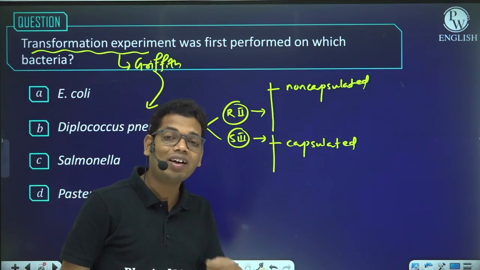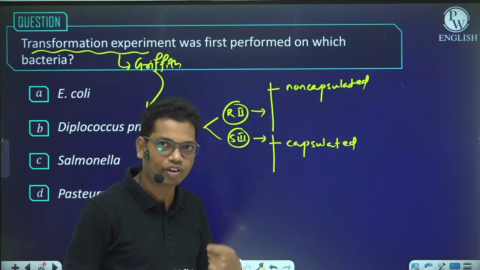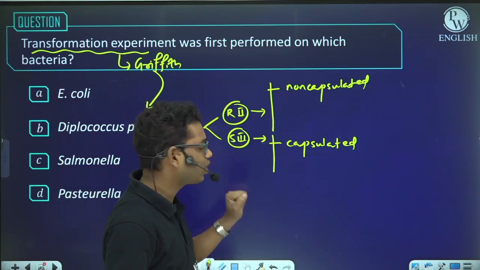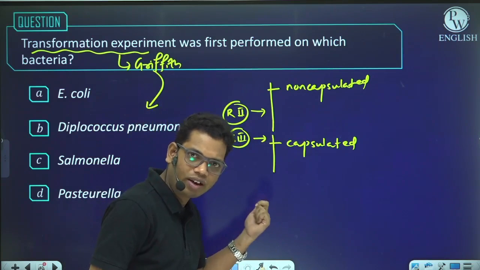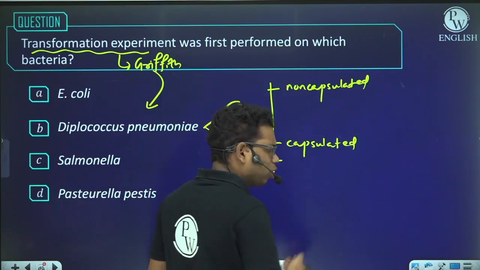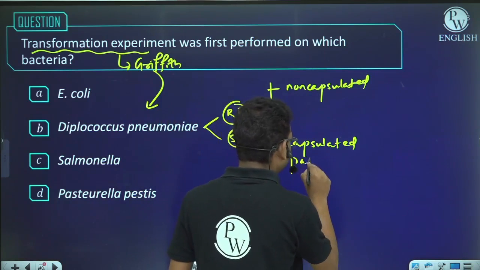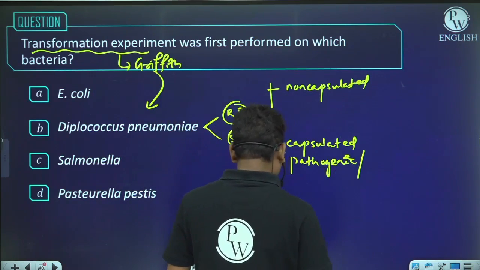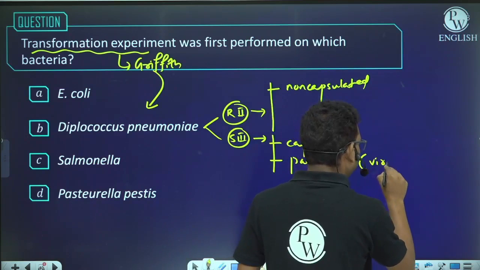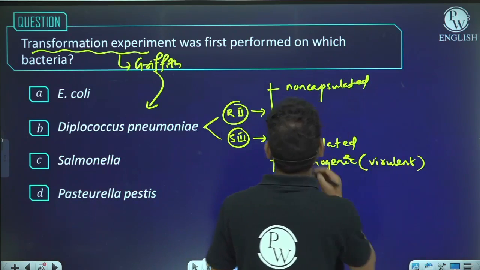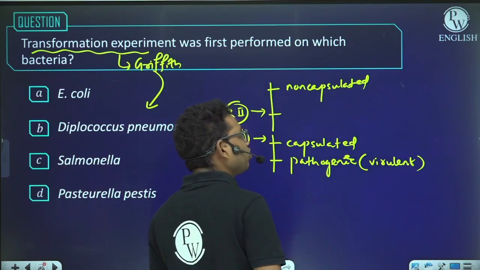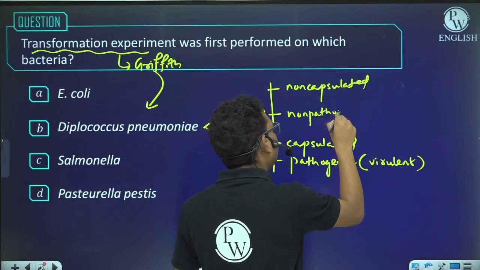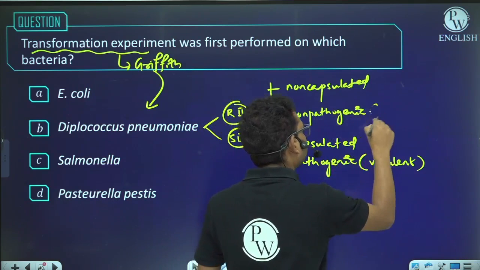It is the capsule, and because the capsule is present in this S3, the chemical for pneumonia is present, and that is why this will cause pneumonia. So I will call this pathogenic. For pathogenic we also use another term, virulent. Whereas the R2 form does not have any capsule, so this is non-pathogenic, which can also be called non-virulent.